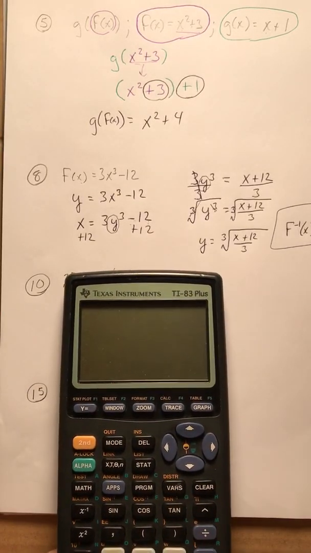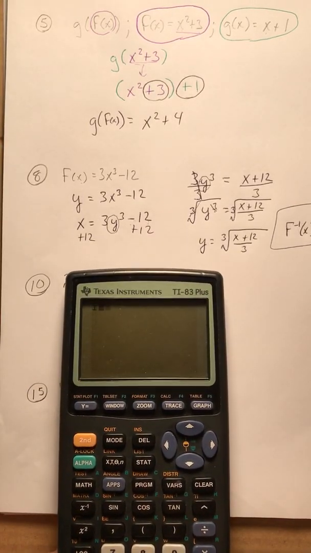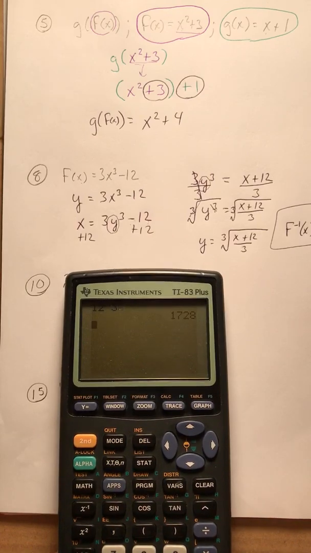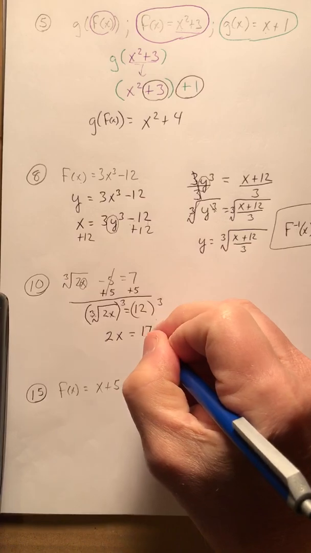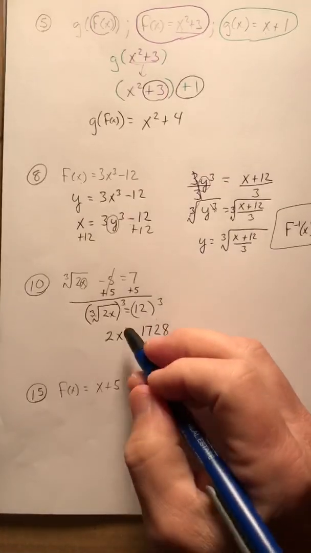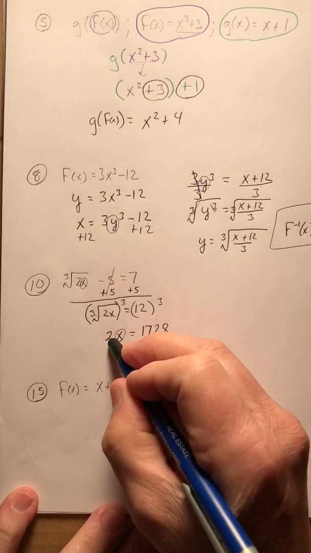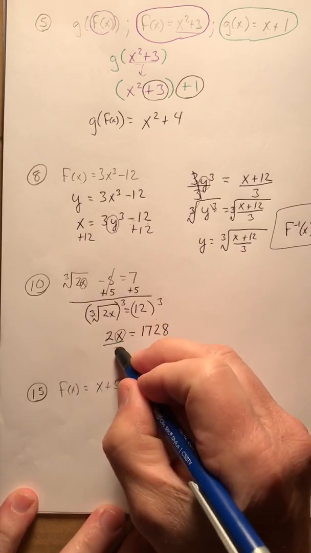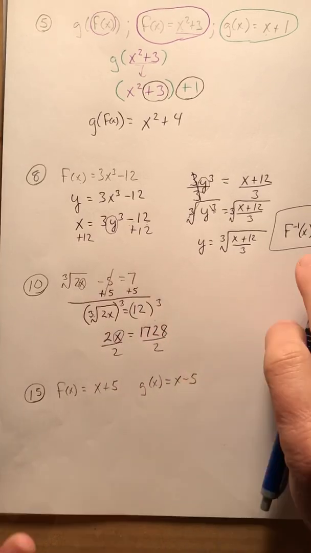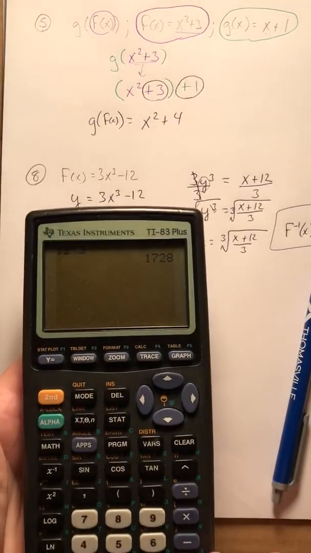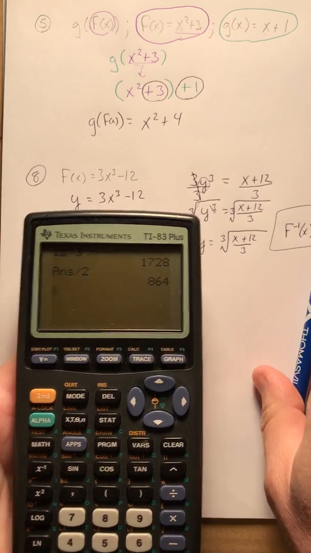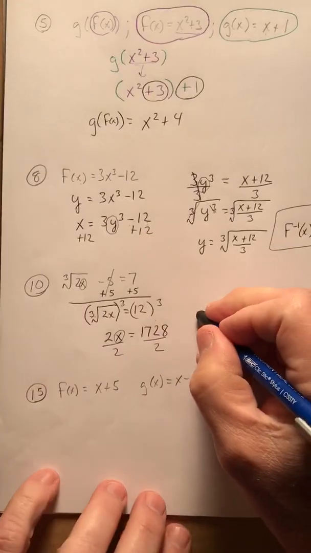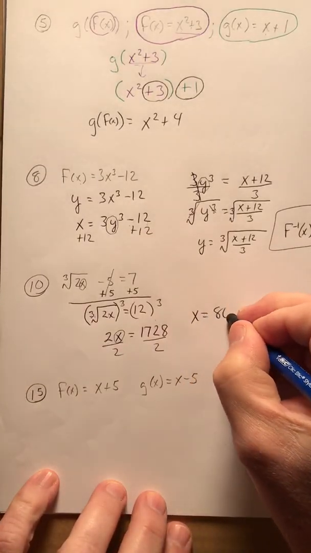All right, so I just do 12 to the third power and get 1,728. All right, and then our last step, again, to get the x by itself is we got to get rid of this 2. We're multiplying by 2, so we divide by 2. So that's all I got to do is take my answer and divide it by 2 and get 864. So we get x equals 864.